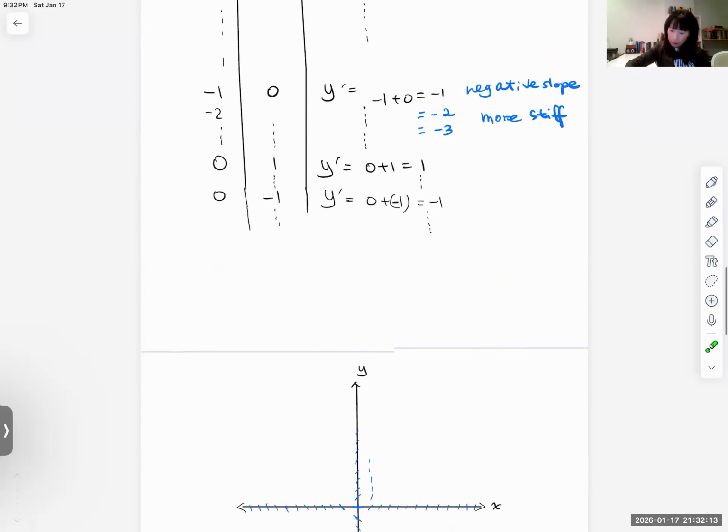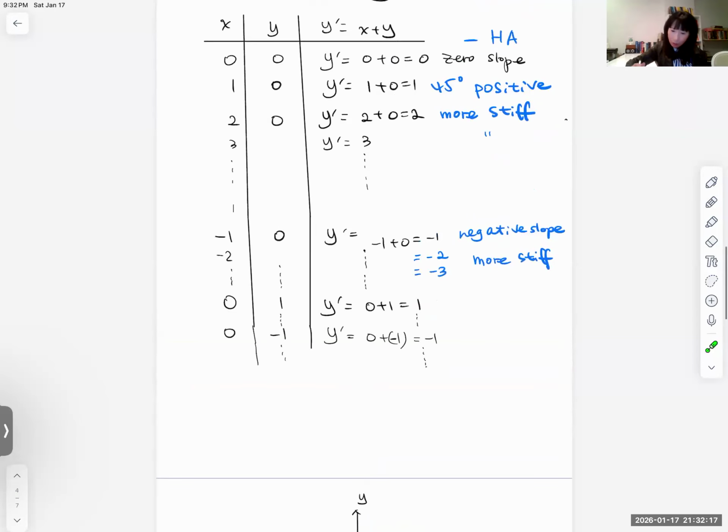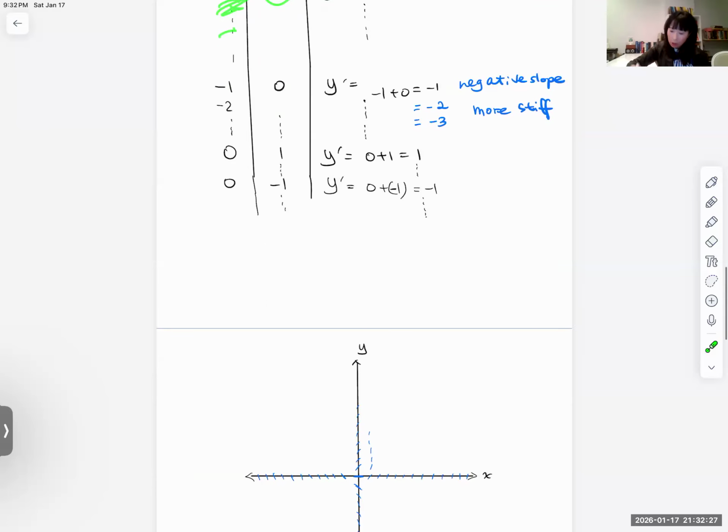All right. So when y equals 0, we follow the slope from the x values, right? So 0, 1, 2, 3. When x equals 0, y equals 0, we have a 0 slope, so a horizontal line.